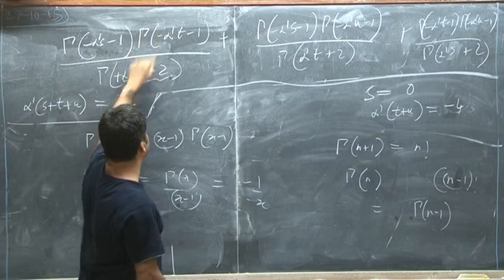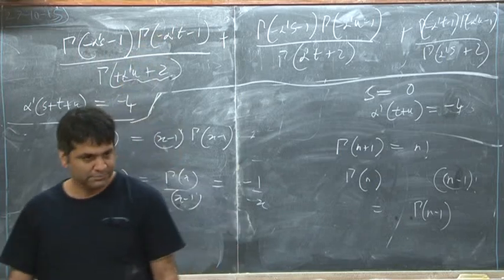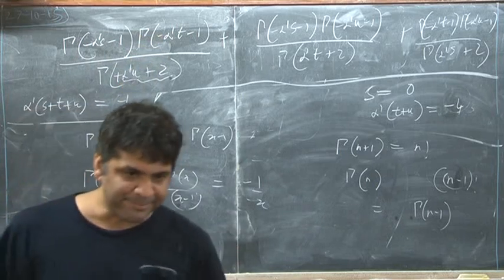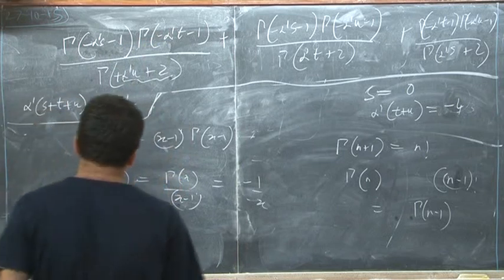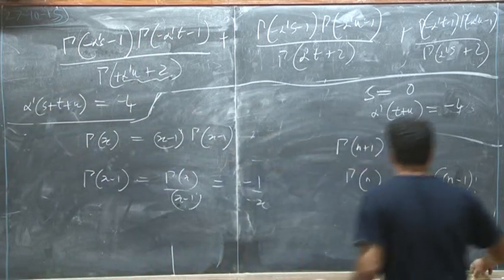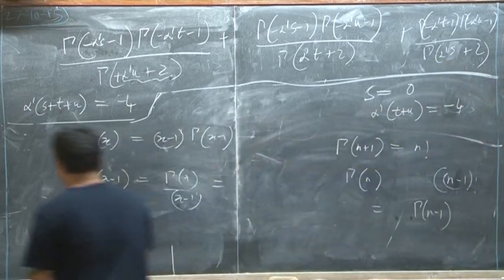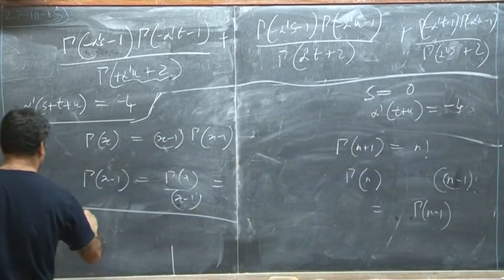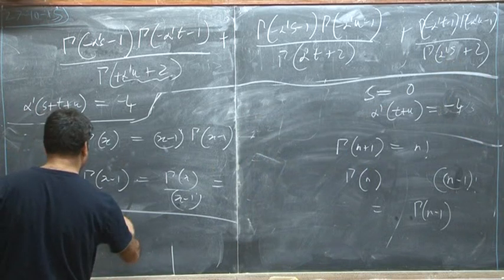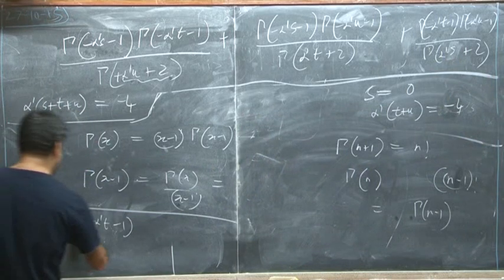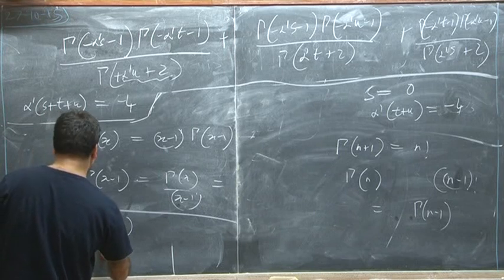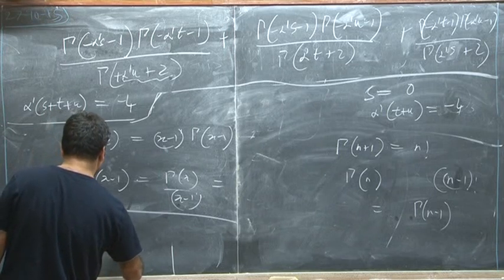So the rescue comes entirely from this ratio. Now, let's look at the ratio. The ratio is gamma of minus alpha prime t minus 1 divided by gamma of alpha prime u plus 2.